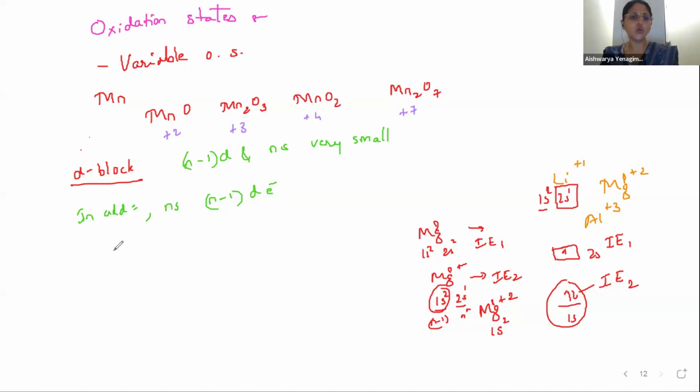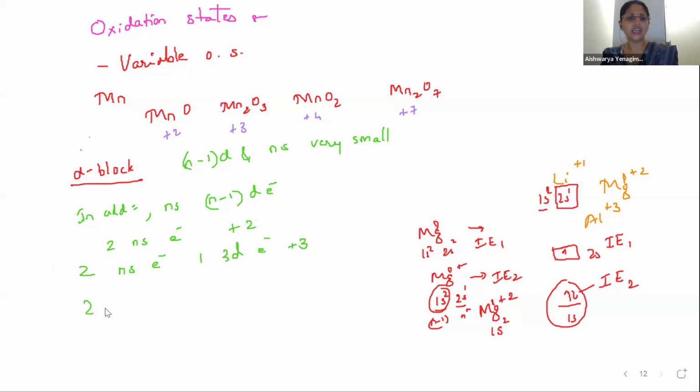So when two ns electrons are lost, the oxidation state is +2. When two ns electrons and one 3d electron are lost, the oxidation state becomes +3.